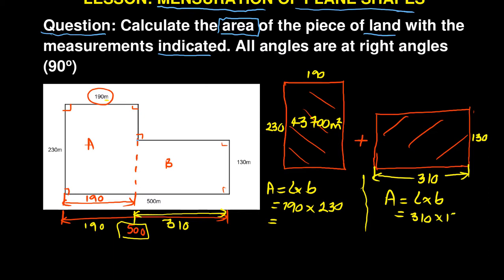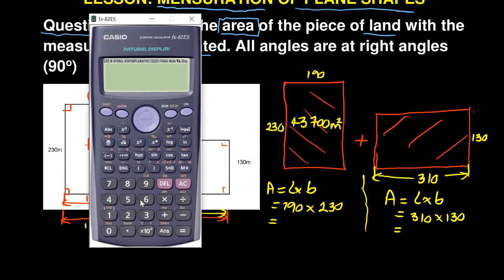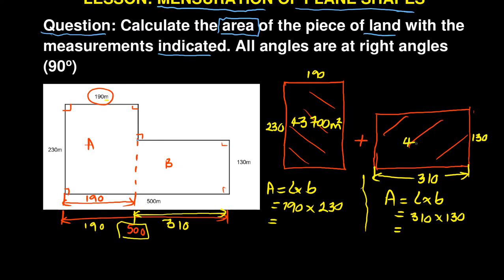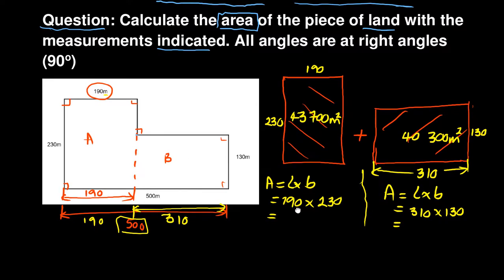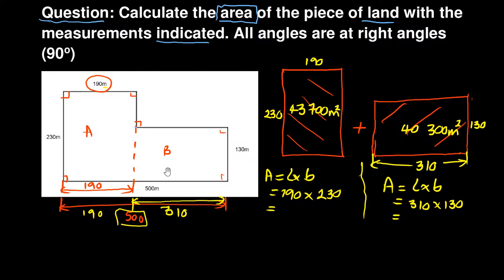My breadth is 130, and if I calculate that, which is 310 times 130, I get 40,300. Remember, I'm working with meters, and area is always square units, which is 40,300 square units.